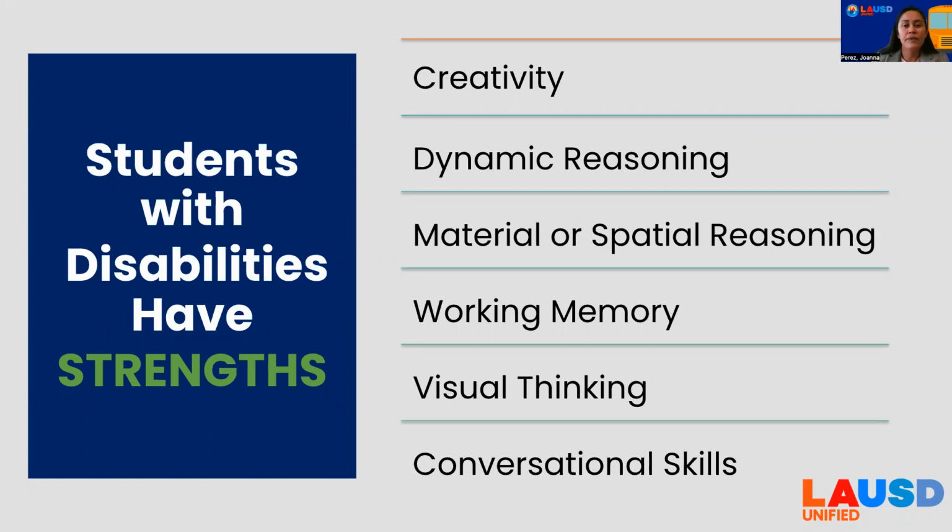That heightened ability to solve problems with navigation or with the visualization of faces, scenes, and objects. This skill can be useful for designers, engineers, filmmakers like Steven Spielberg, or photographers like Ansel Adams. Our students can have strong working memory, visual thinking, and be good with conversations.